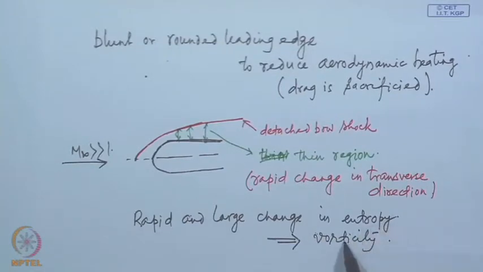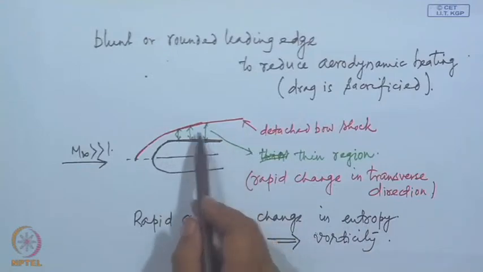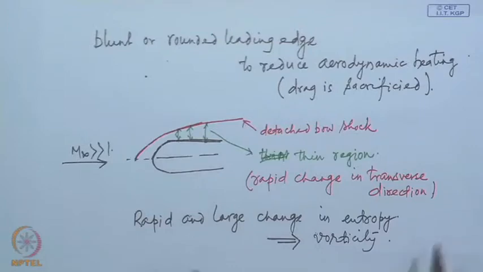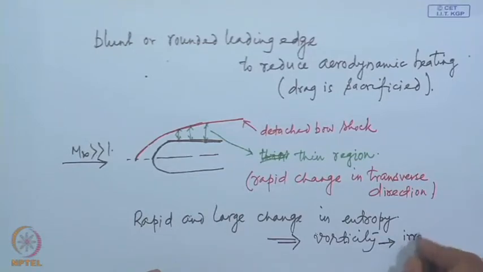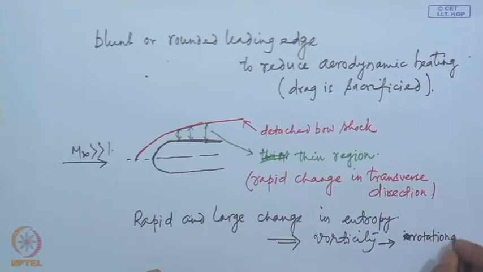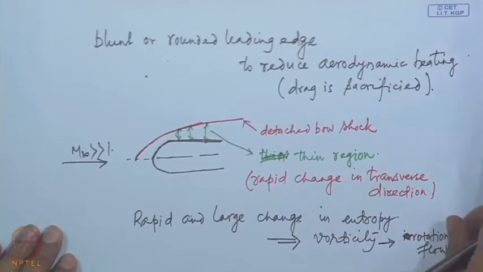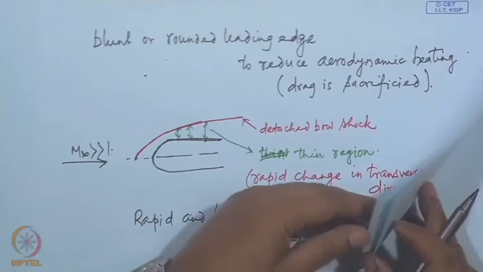Entropy changes produce vorticity, and hence the flow is rotational, even though inviscid flow is otherwise irrotational. So, we have rotational flow, and we cannot define a potential function associated with this rotational flow.